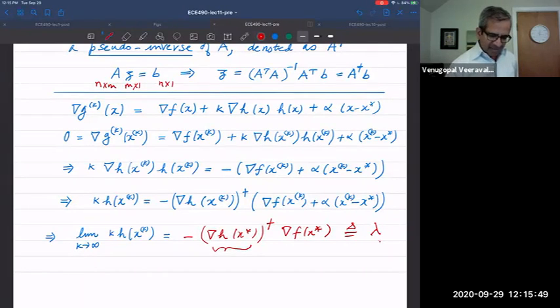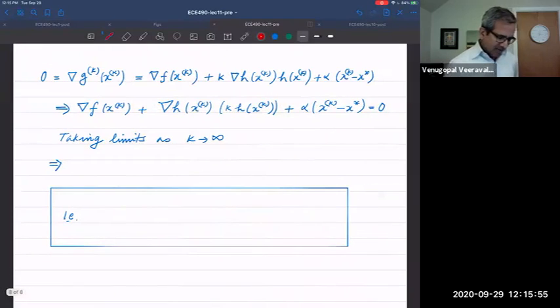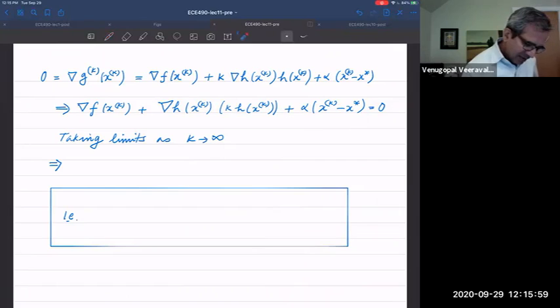Let's see what role lambda plays by revisiting this equation. We know that this guy converges to lambda as k goes to infinity. So let's take the limit as k goes to infinity in this whole equation.